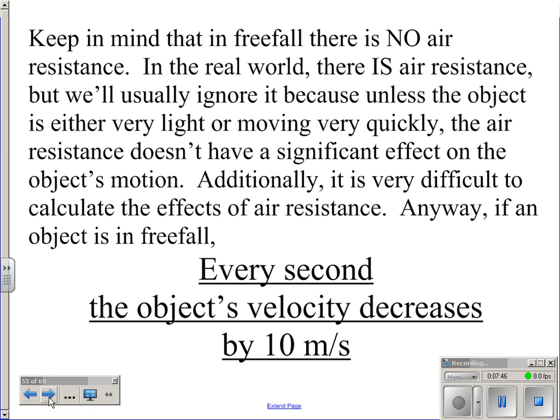If an object is in free fall, we are going to use the acceleration to be -10 meters per second squared, which means every second the object's velocity decreases by 10 meters per second. Okay? So this is probably easiest to see by doing an example.